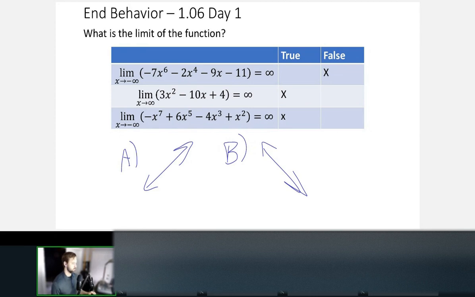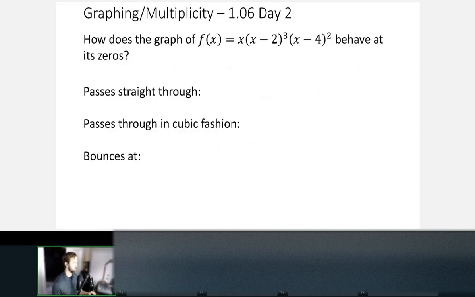All right, let's go to the next one. This one's not too bad, as long as you understand the notation. This is also a pretty easy one. I'm talking about multiplicity, and this polynomial.